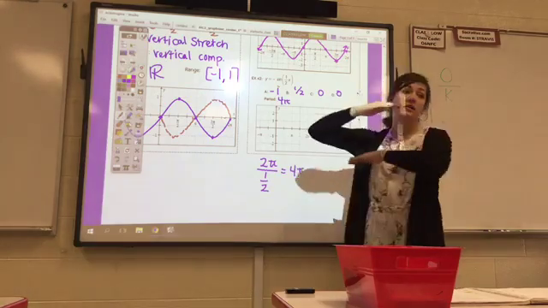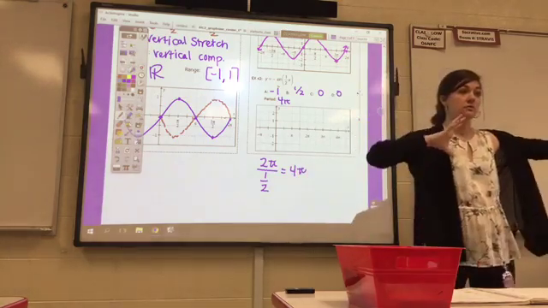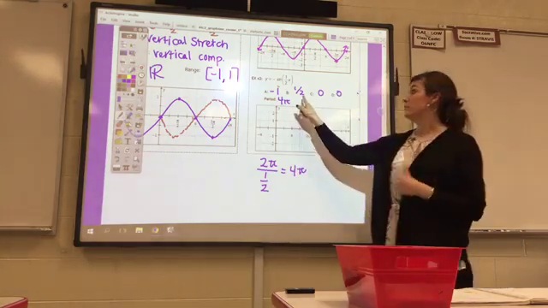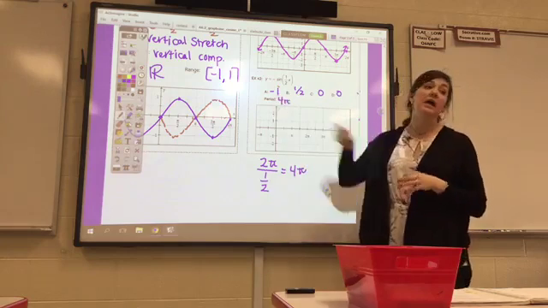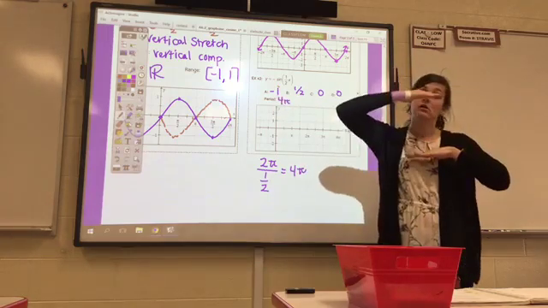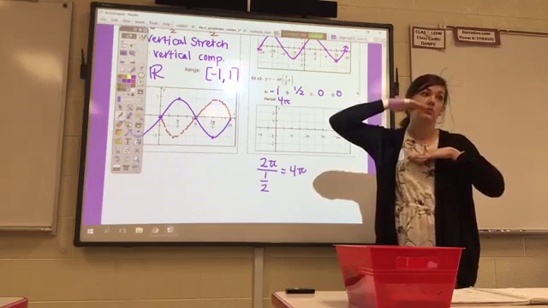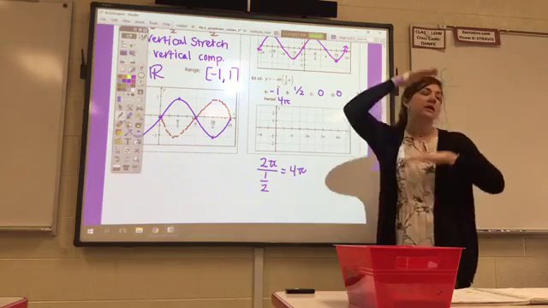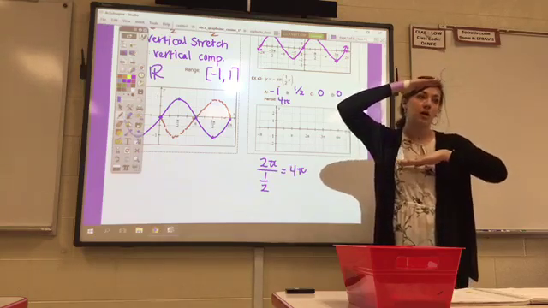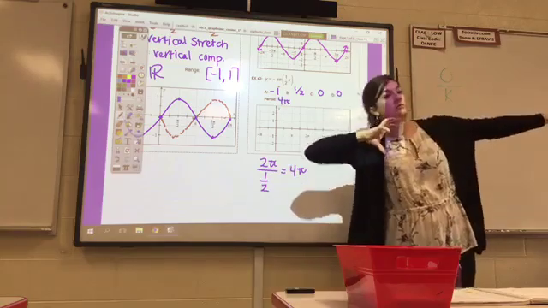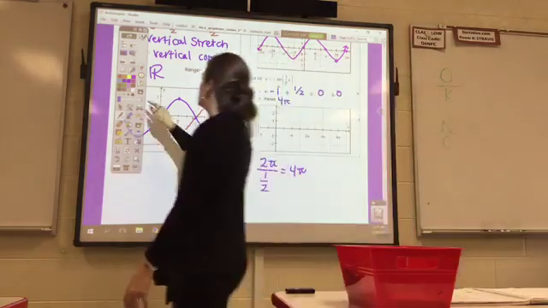No, it's not squished. It's just stretched out. But that's inside the bracket. Yeah, this A is what determines if it's squished or not, and that's still a 1. So it's flipped over, but it's not any taller or shorter. It's just stretched out this way. Okay? All right, let's do the cheat chart.